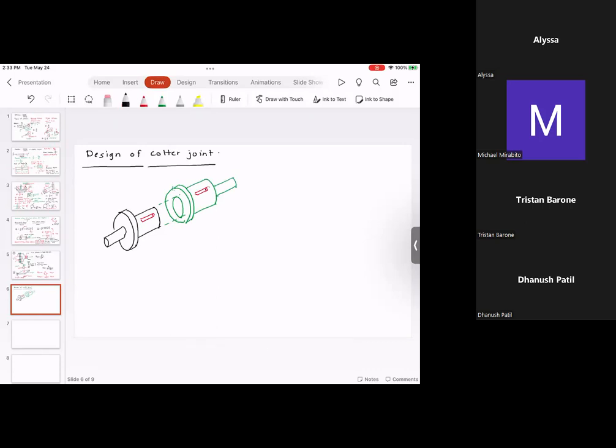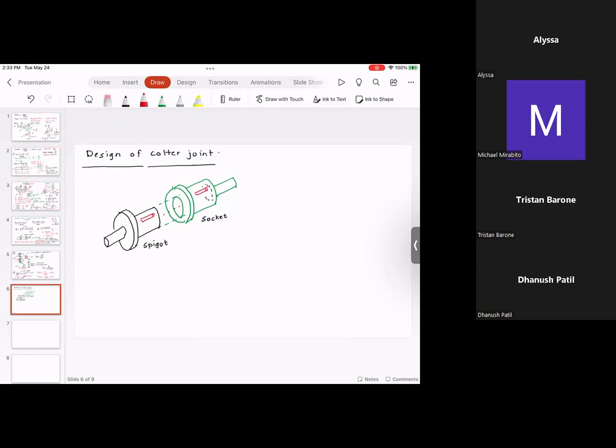So this is called the spigot. This is called the socket. And there is a rectangular hole in the spigot and socket. So this spigot goes inside and fits inside the socket.